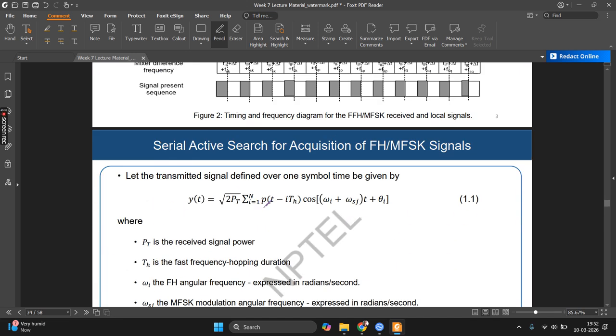Theta is phase and p is the pulse function. The pulse function is designed such that it is one within the hopping duration, because this omega i hopping frequency will only last for the ith hopping duration. It will not last beyond that. So as the hopping frequency changes, the particular pulse has to be turned down.